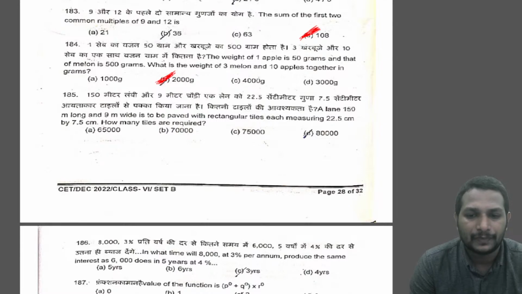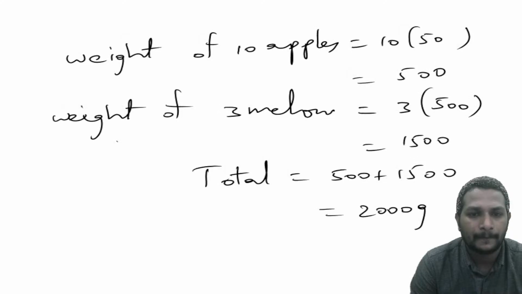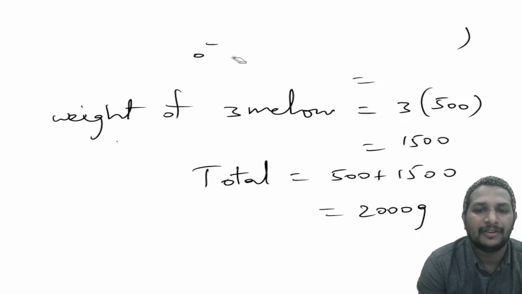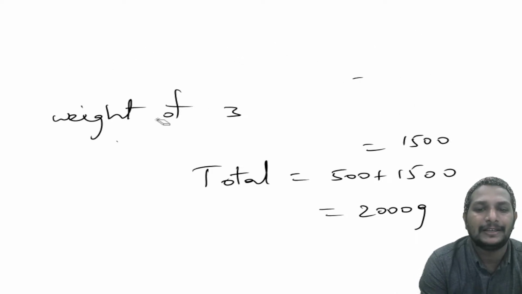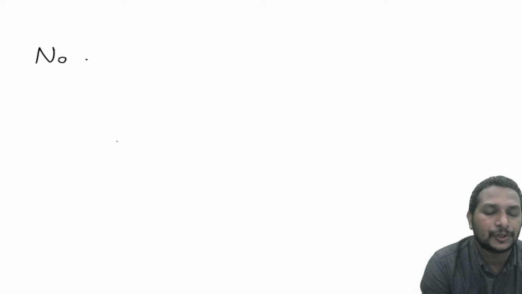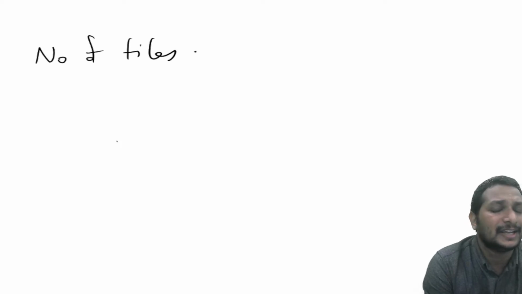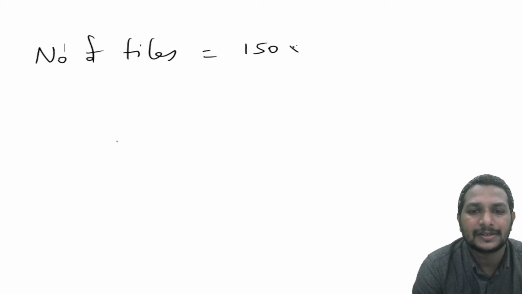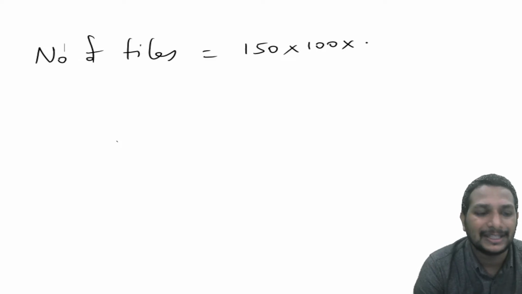As we know, they're asking about the number of tiles required to pave that lane, so number of tiles equals the larger area by the smaller area. The larger area is nothing but the lane area, right? As they gave it in meters, I want to convert into centimeters. 150 into 100 centimeters, and the breadth is given as 9, so 9 into 100.